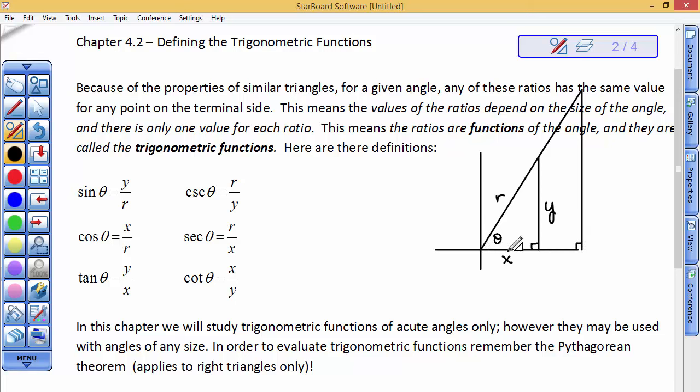But no matter what, for the right triangle here and the right triangle here, the ratio of y over r, what's called the sine of theta, the ratio of this y over this r would be the same as the ratio, let's call it y prime for this long side and this large hypotenuse, which would be called r prime, if you will. Those ratios would be the same.